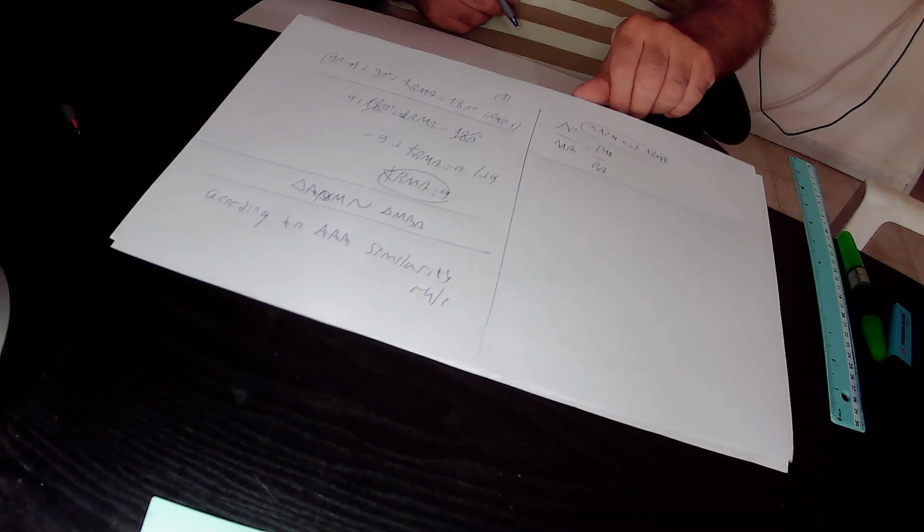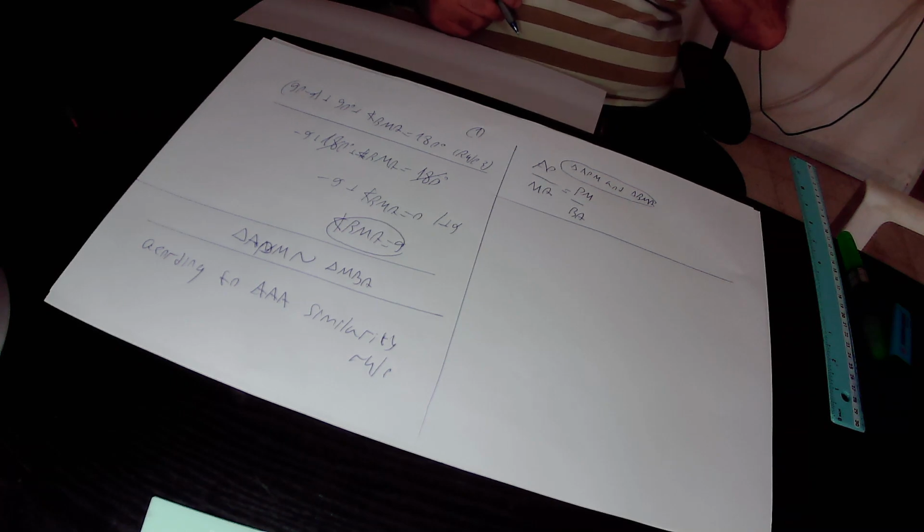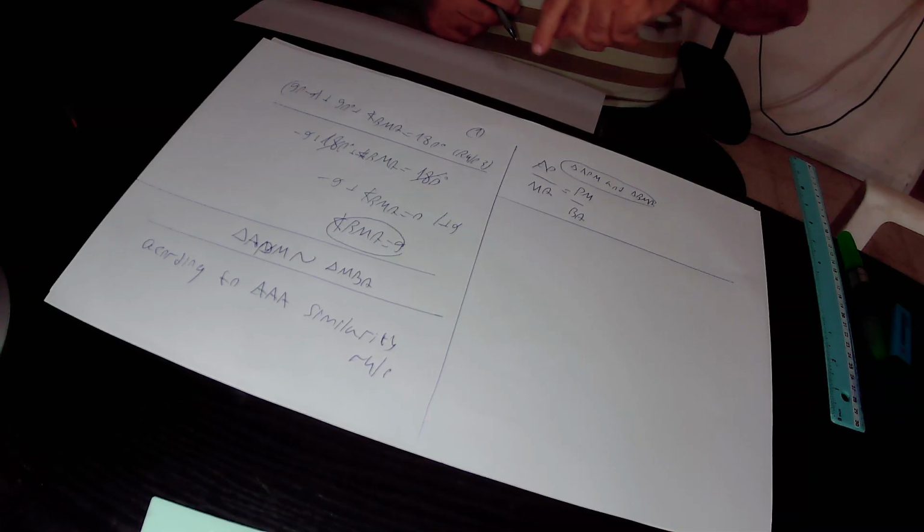We derive that side AP of the big right triangle APM, or side MQ of the small right triangle BQM, is equal to side PM of the big right triangle APM, or side BQ of the small right triangle BMQ.